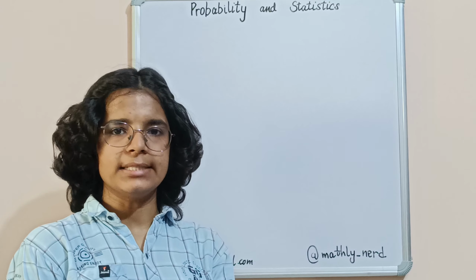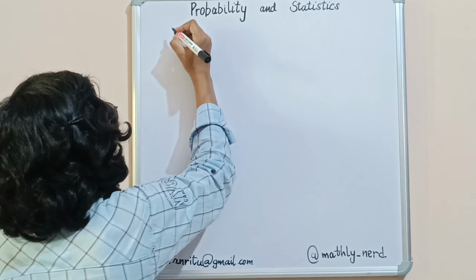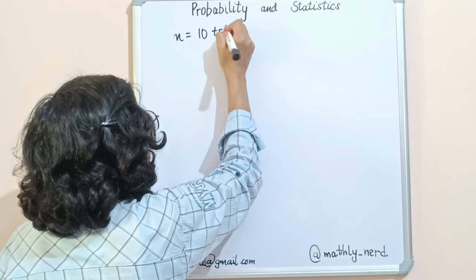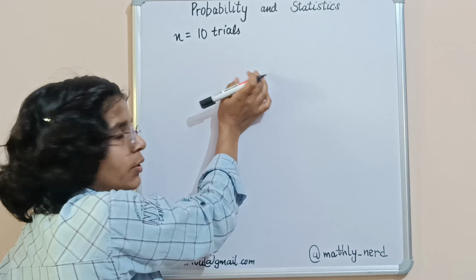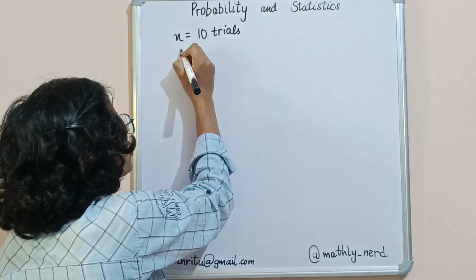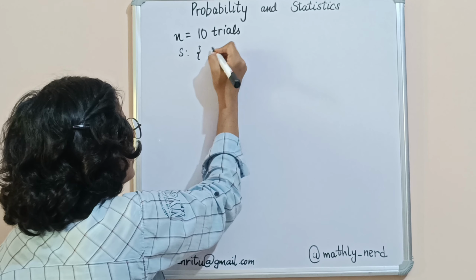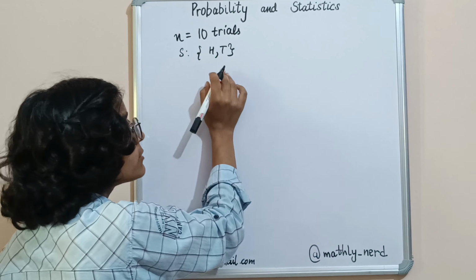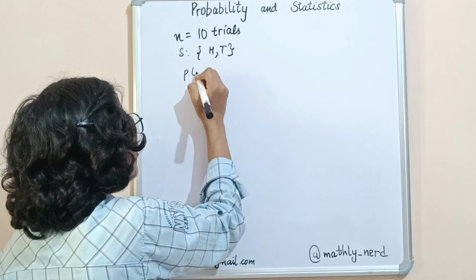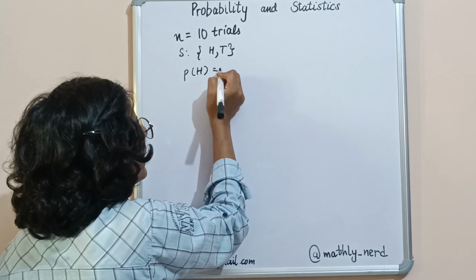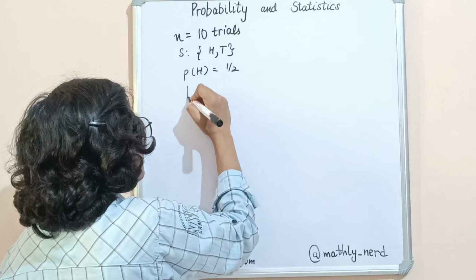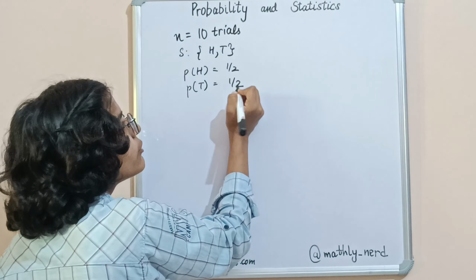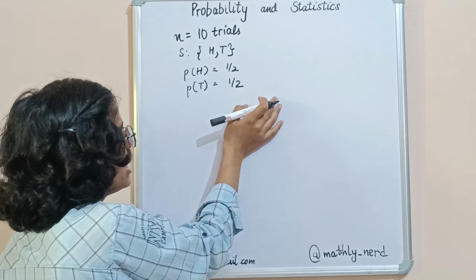Let us take an example. We have 10 number of total trials and we toss a coin, so our outcomes could be head or a tail, and as we know, if a coin is fair, probability of getting a head is 1 by 2 and probability of getting a tail is also 1 by 2 for tossing a fair coin.